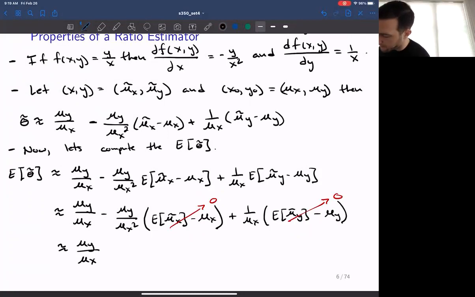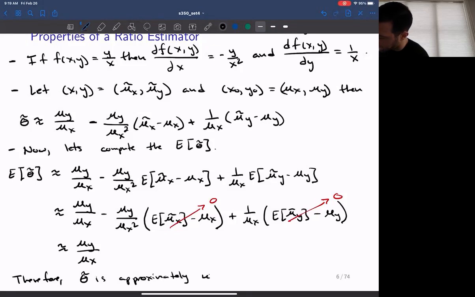So therefore, theta tilde is approximately unbiased.